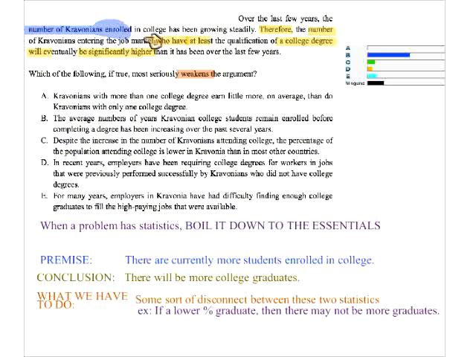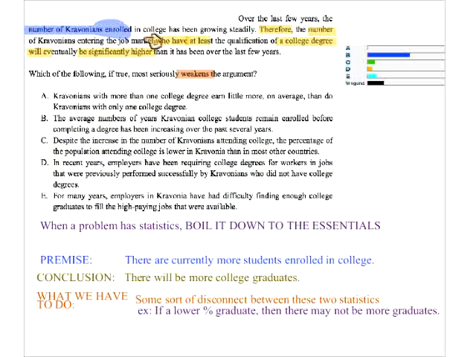I don't know why they would do that, but that could work if they went to graduate school afterwards. Or if you had a big increase in the number of people getting degrees and then going to be homemakers or something like that.